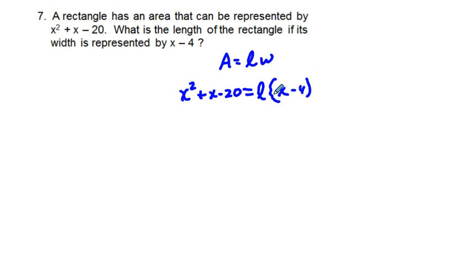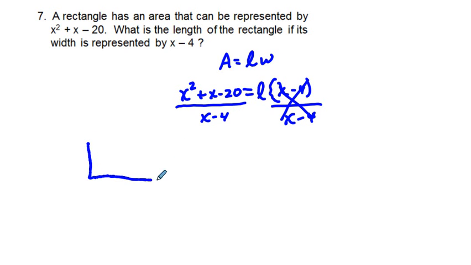To solve for L, we divide both sides by x minus 4, and we will have solved for L. I'm going to make this a synthetic division problem by putting our value of 4 on the outside, then 1x squared plus 1x minus 20.